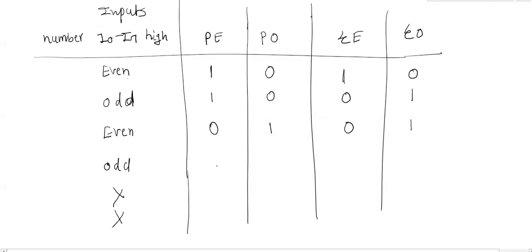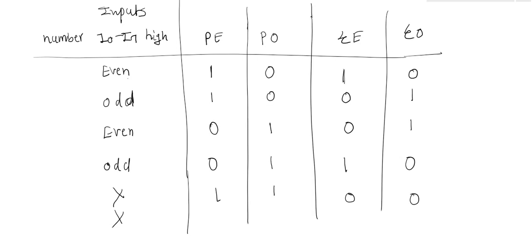Similarly, if the number of ones in I0 to I7 is odd, the even parity bit is 0 and the odd parity bit is 1, then the output is 1 and 0. Whatever the input values, whether even or odd, if the even parity bit is 1 and the odd parity bit is also 1, then the output of the 74180 is 0 0.